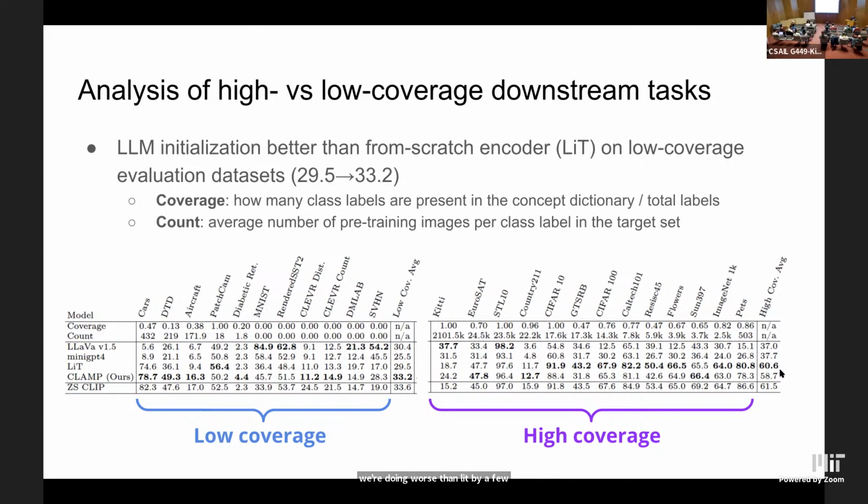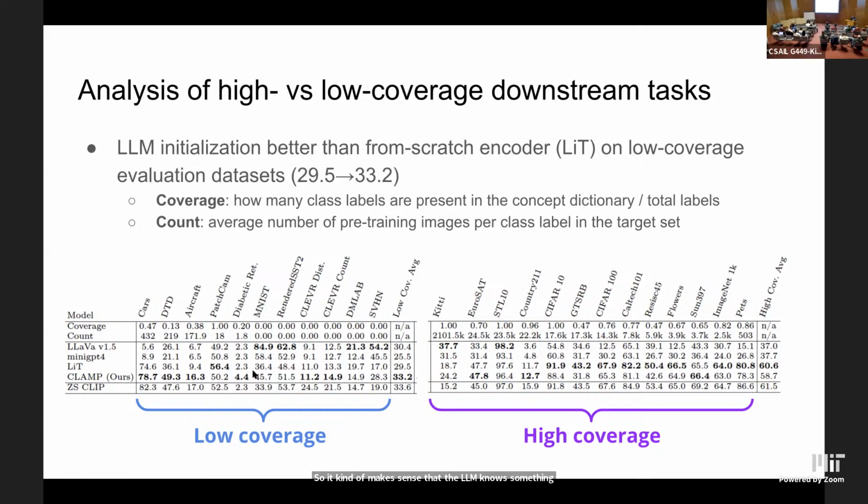We're still outperforming MLLMs like LLaVA and MiniGPT, but it's interesting to see that transferring knowledge from the LLM helps us more in data sets with labels that we haven't seen in our image caption training data, right? So it makes sense that the LLM knows something about those labels, and it's improving performance.